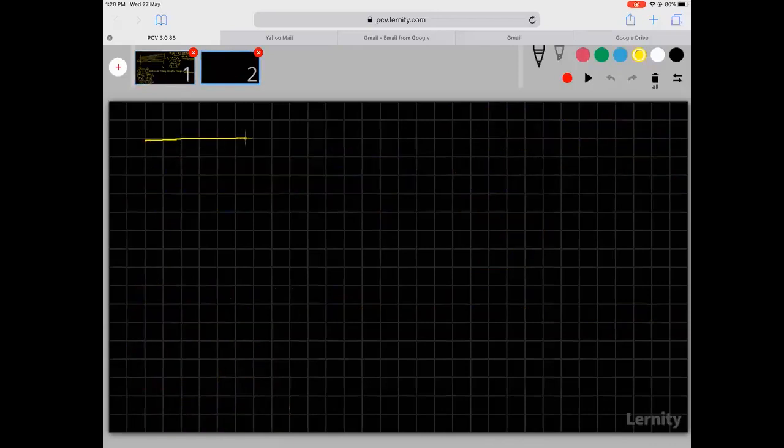Now I'm taking a straight conductor. Straight conductor means the area here is the same as the area here.